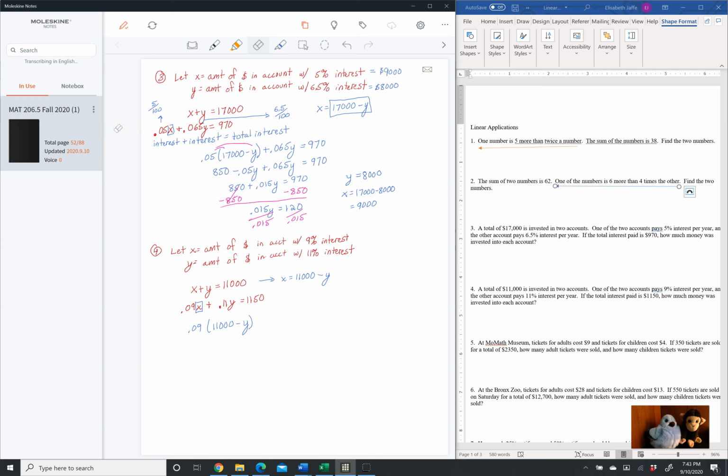Then we have minus 0.09y plus 0.11y. And negative 0.09 plus 0.11 is 0.02. So we have 990 plus 0.02y is equal to 1150. Okay. Subtract 990 from both sides. So this is stuff that we've done before.